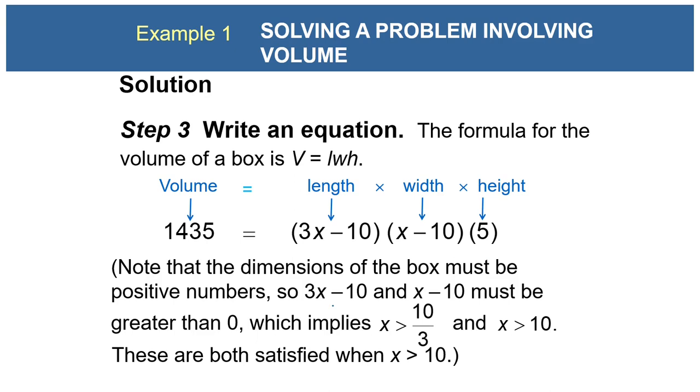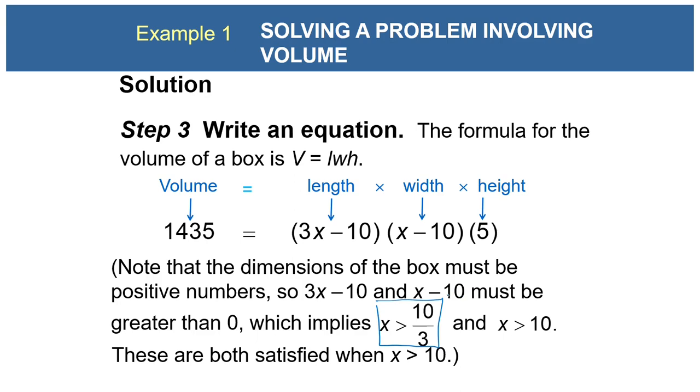Note that the dimensions of the box must be positive numbers, so 3x minus 10 and x minus 10 must be greater than 0, which implies x is greater than 10 over 3. If I were to set this greater than 0 and solve for x, I would get x must be greater than 10 over 3.